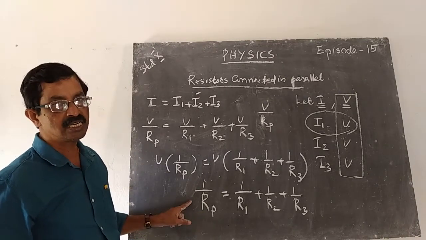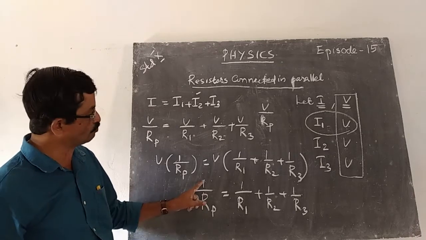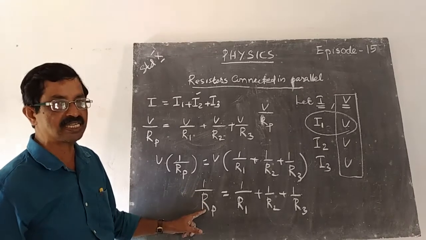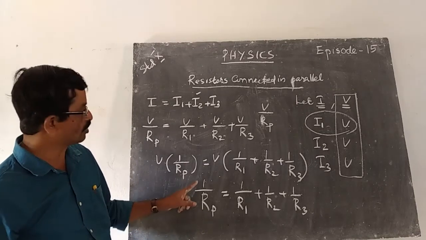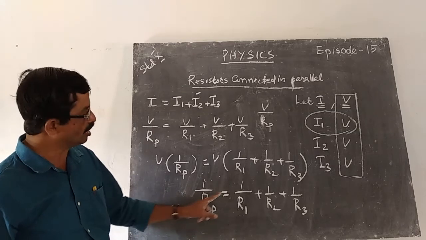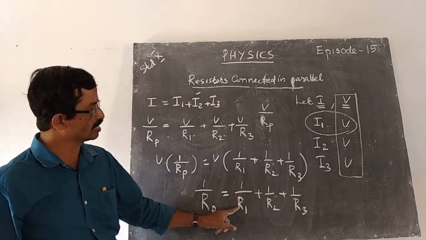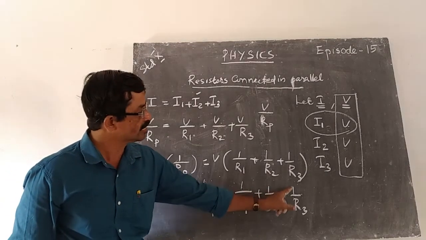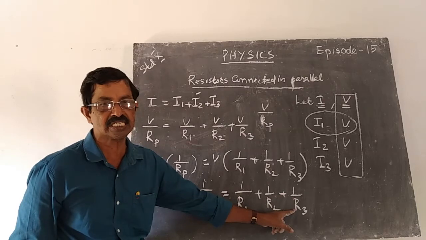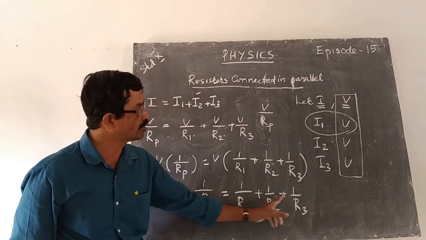Rp is the total resistance, and 1 by Rp means the reciprocal of the total resistance. It is equal to the reciprocal of the first resistance, plus the reciprocal of the second, plus the reciprocal of the third.